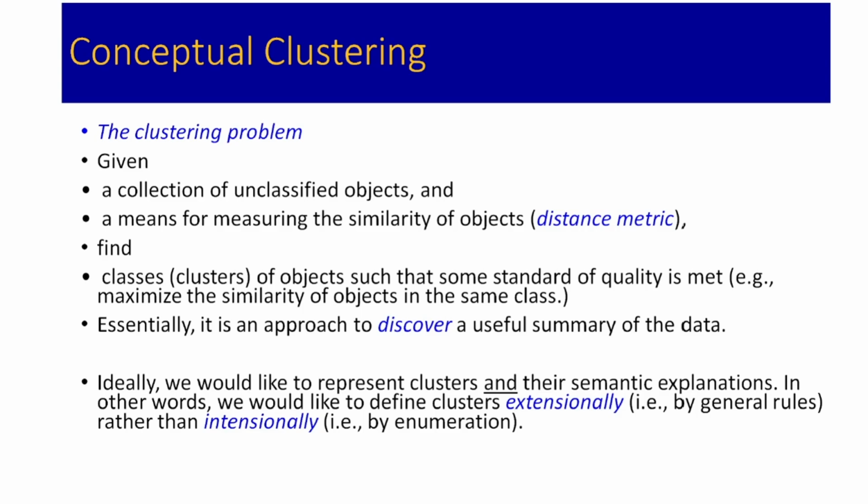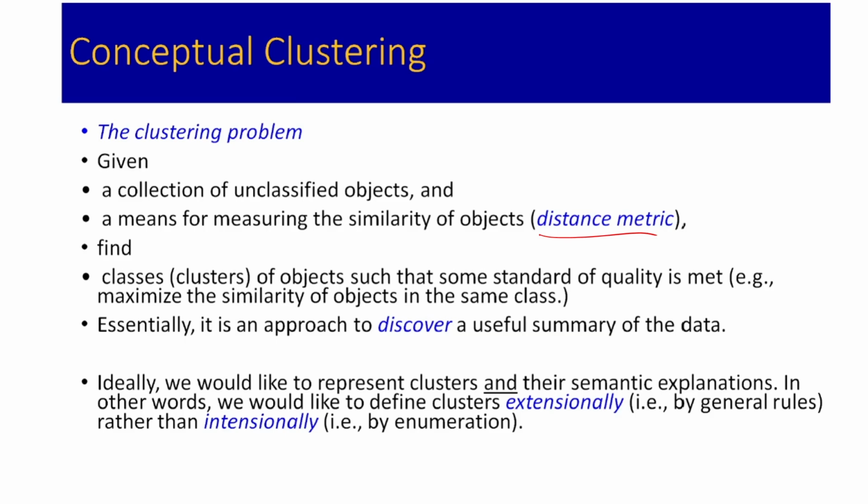Okay. So, what is the concept actually? Basically, given classified objects, a means of measuring the similarity of the objects is used in terms of a distance matrix, and some standard of quality is met, like maximizing the similarity or discovering some kind of symmetry in the data.